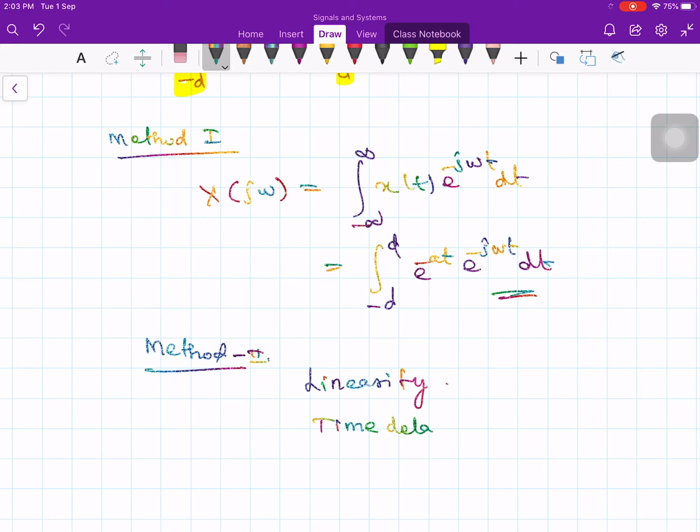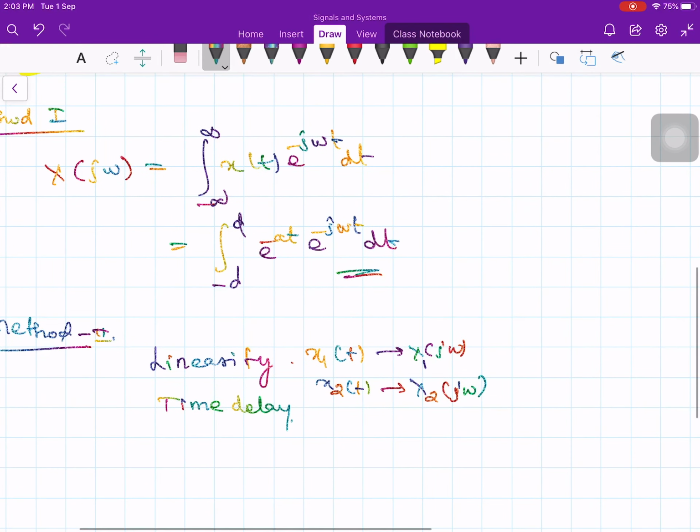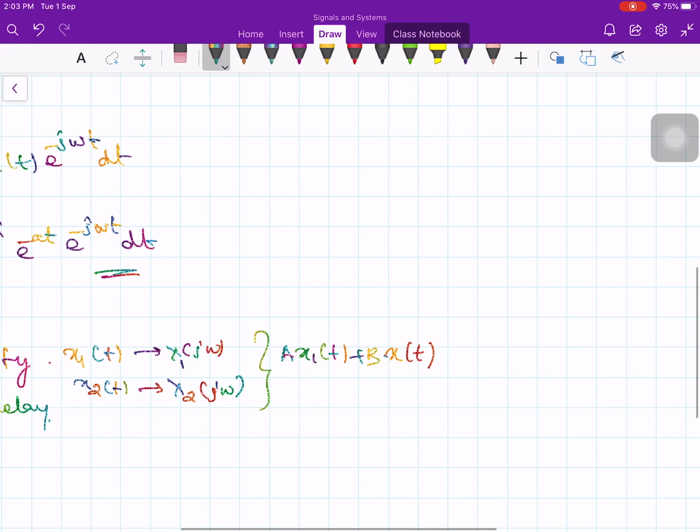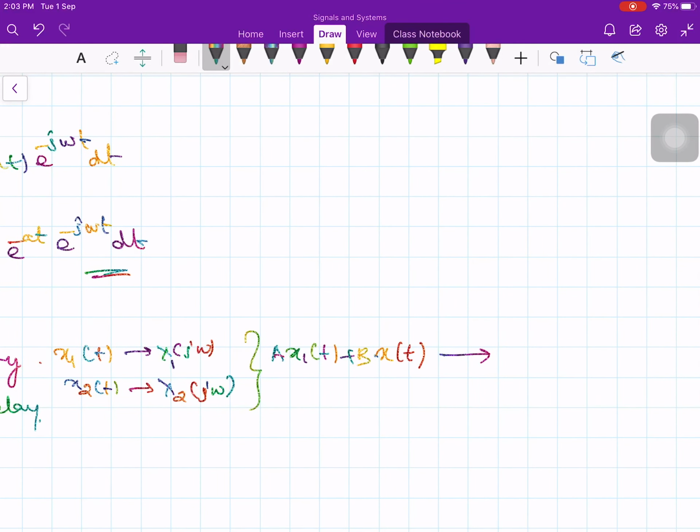Linearity says, you take x1 of t, its Fourier transform is x1 of j omega, x2 of t has Fourier transform x2 of j omega. Then a times x1 of t plus b times x2 of t has Fourier transform a times x1 of j omega plus b times x2 of j omega.